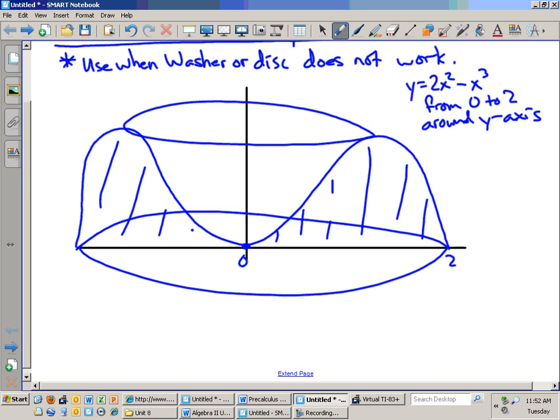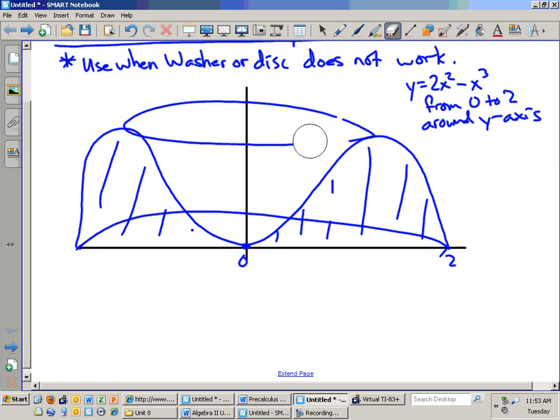Whatever you would call it, we got this bowl shape here. And the fact of the matter is that we have great difficulty being able to calculate this volume.